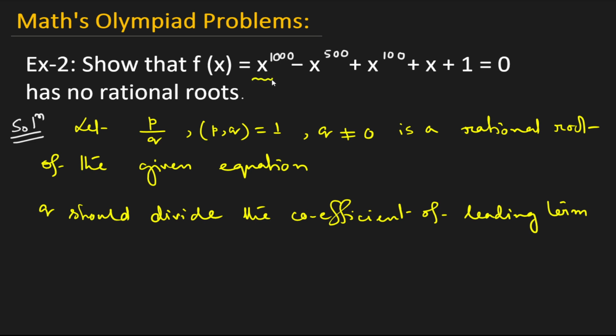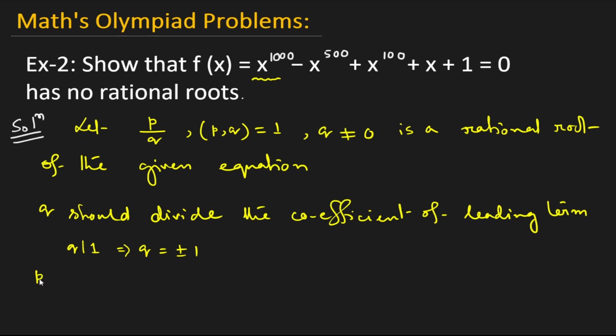This is the leading term, the highest term. So what is the coefficient here? Since nothing is mentioned, we will suppose that the coefficient is 1. So q should divide 1. If q divides 1, then what factor divides 1? Either 1 or minus 1. So the value of q will be plus minus 1.